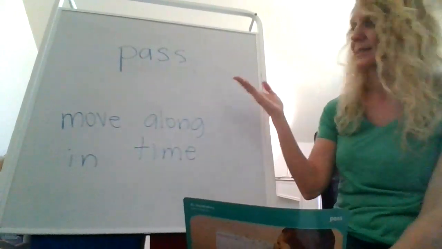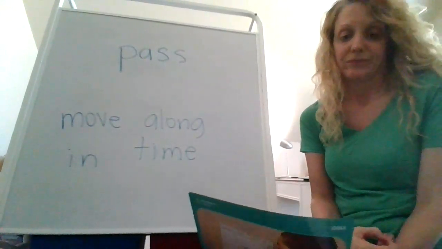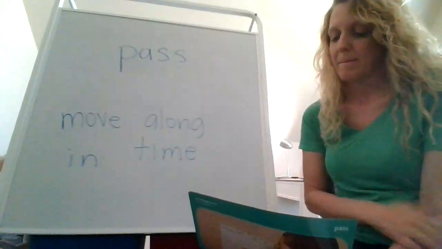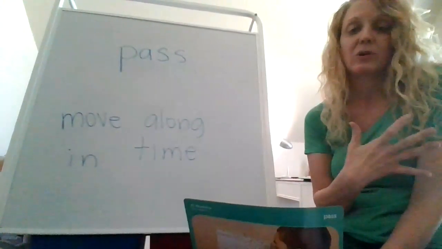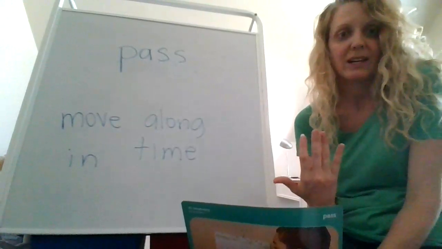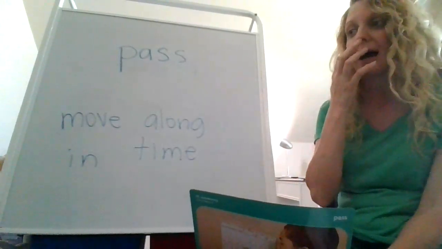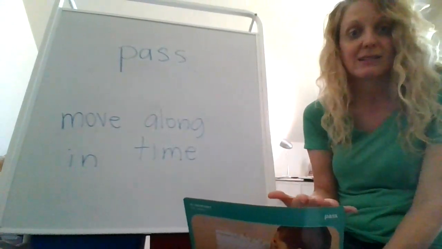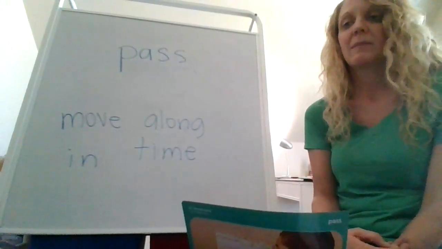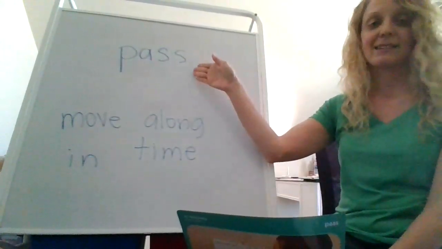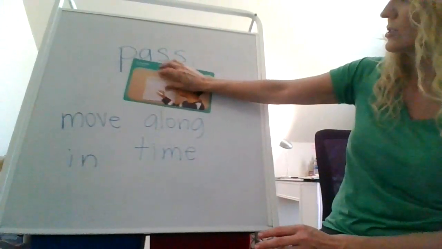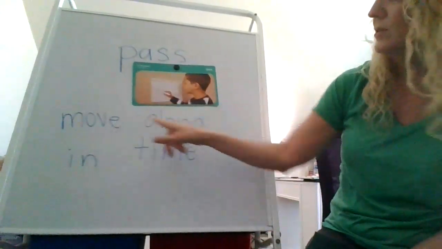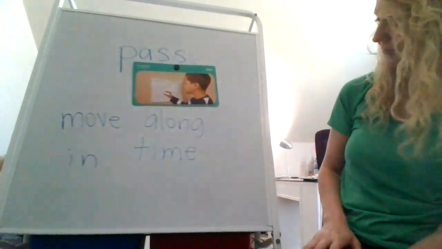You can pass the hours. Maybe tonight you're going to watch your favorite movie, and you might say, how many more hours until 7 o'clock when it's time to watch my movie? So you might be counting the hours that pass until you get to do that. So pass just means to move along in time.